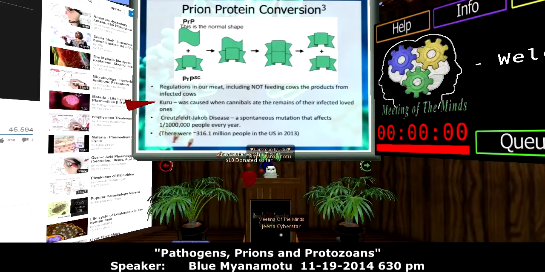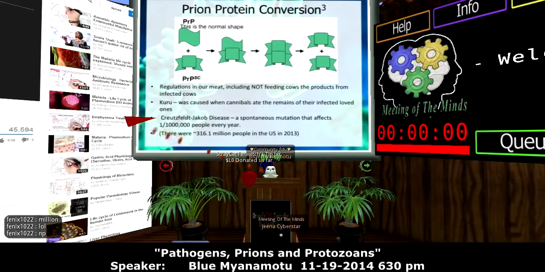I'm going to butcher the pronunciation here. I believe it's pronounced Creutzfeldt-Jakob's disease. It affects 1 in a million people each year. And this is actually genetic.